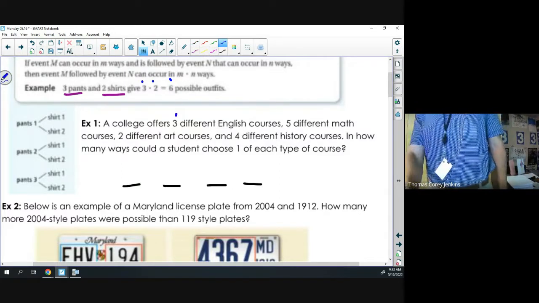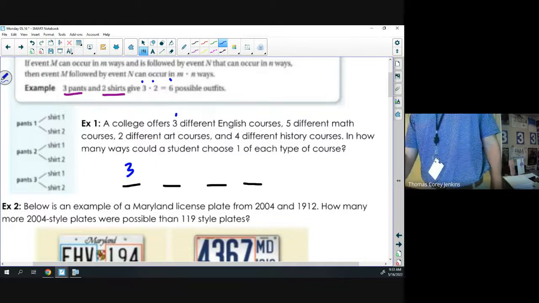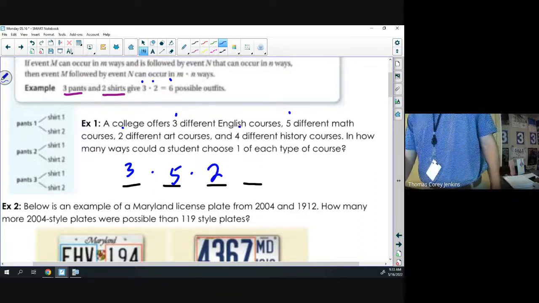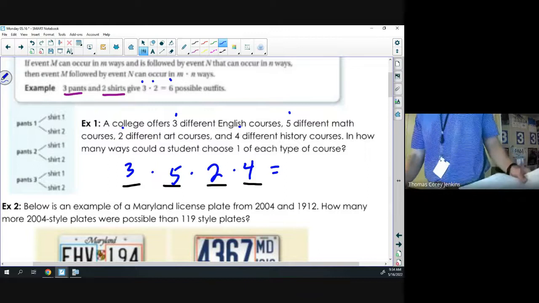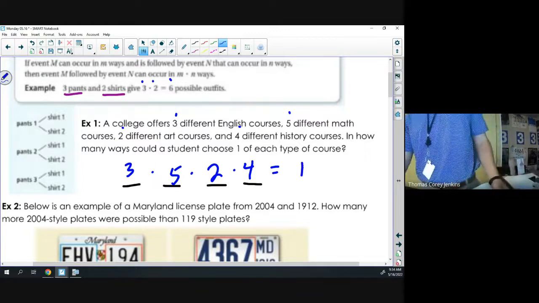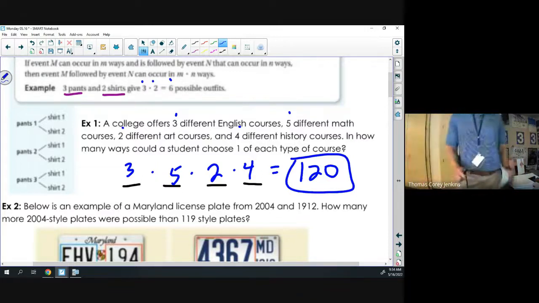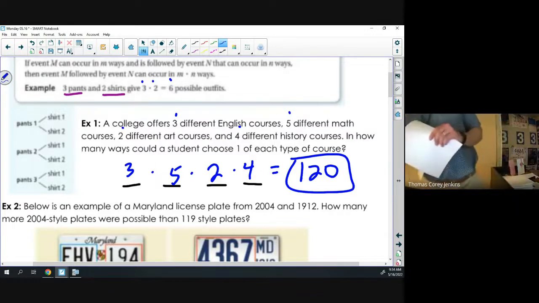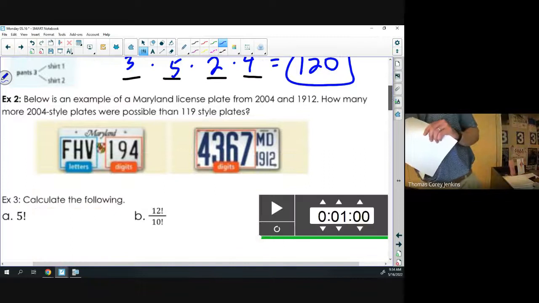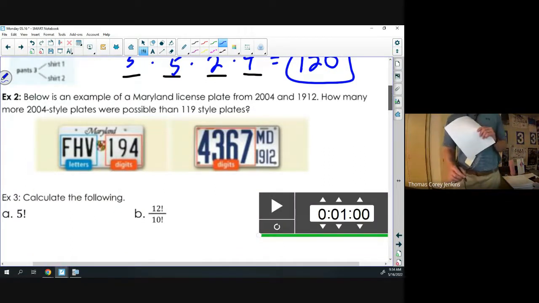So we have 3 choices for English, times 5 for math, times 2 for art, times 4 for history. Then you just punch that into your calculator, and that would be 120 possible ways to do that. So nothing too terribly difficult about that. And then one more example before we move on to bigger and better things.